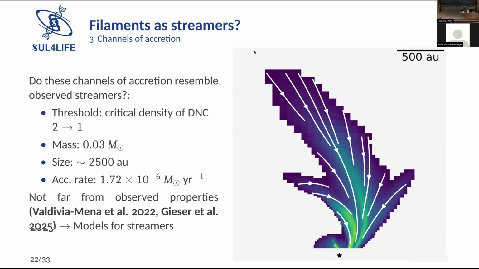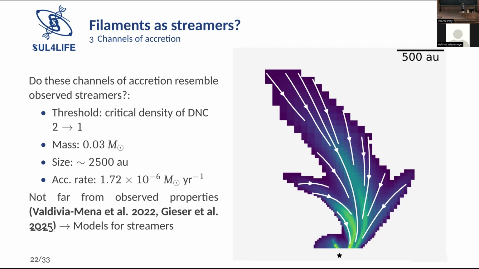And in doing so, here you see a slice of the cells of the grid that satisfy this condition. If we calculate the mass of this set of cells, we obtain a mass of 0.03 solar masses and a size of 3,000 AU, 2,500. And we can also calculate the accretion rate, and it's around 1.7 solar masses per year.